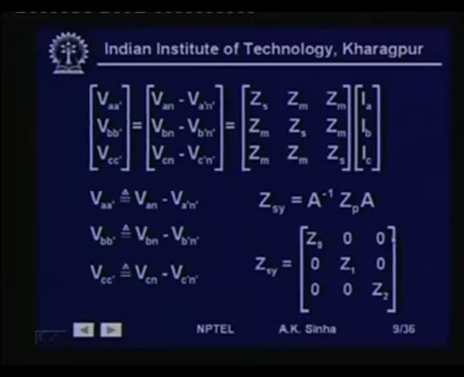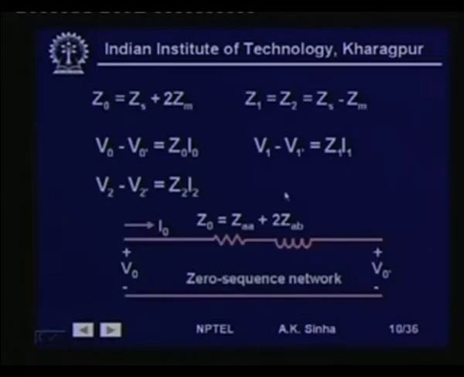So, these relationships will be independent, that is we can write V0 minus V0 dash is equal to Z0 I0. Similarly, V1 minus V1 dash is equal to Z1 into I1, and V2 minus V2 dash is equal to Z2 into I2, that is we get 3 independent networks.